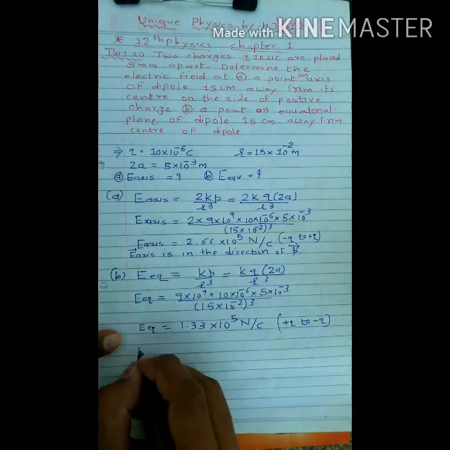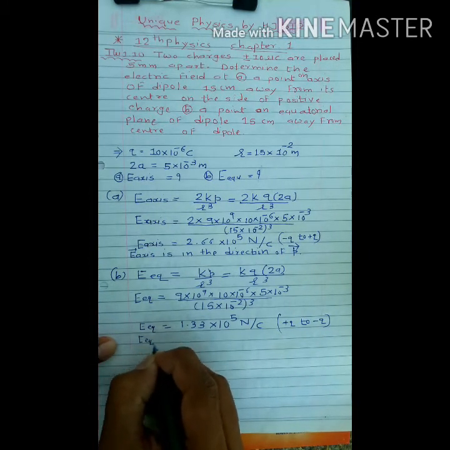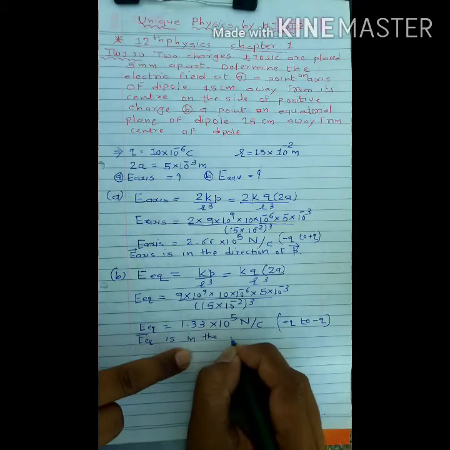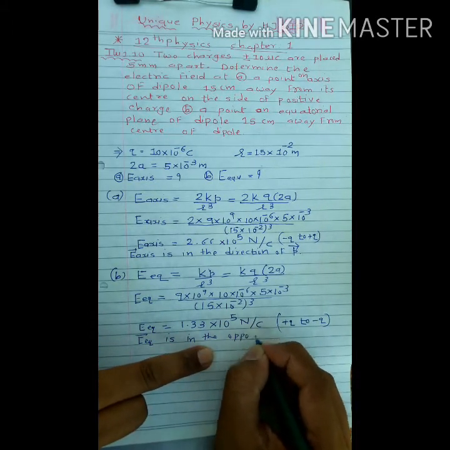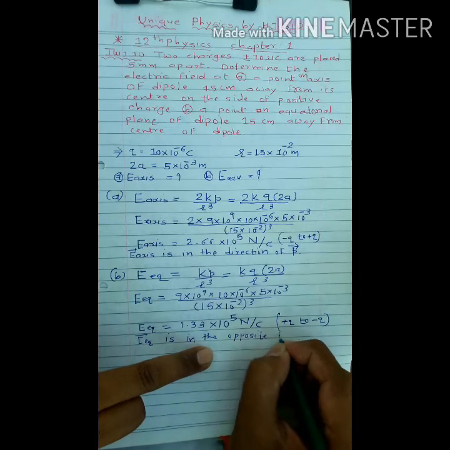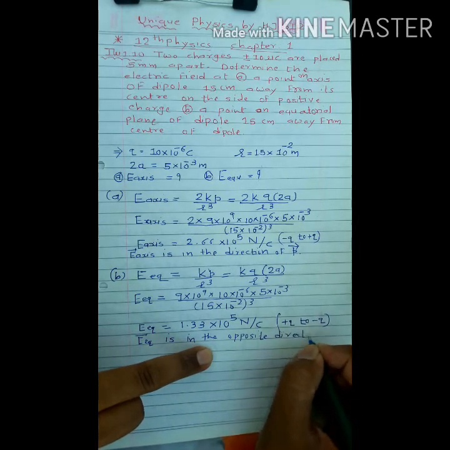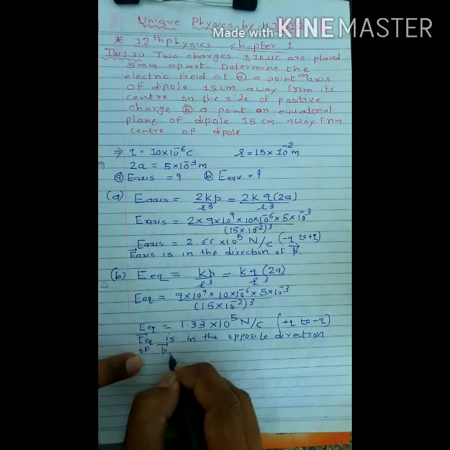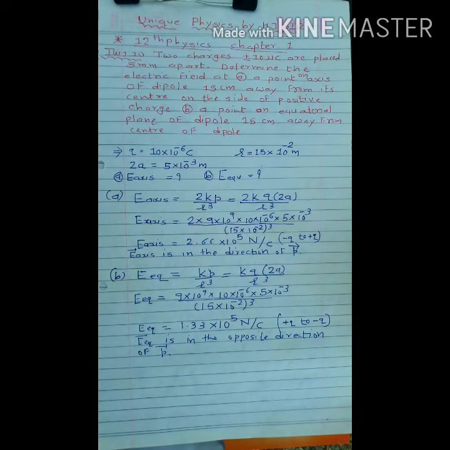So vector E equatorial is in the opposite direction of vector p. So this is your final answer.